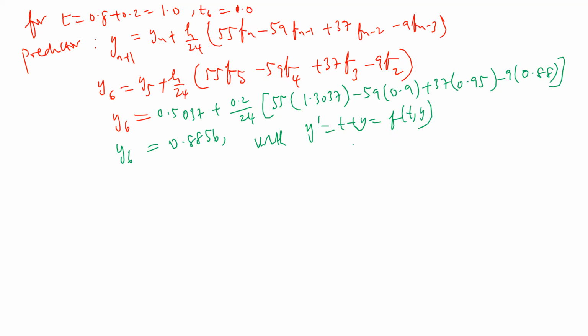Now, being a multivariable function, what is y6? T6, we've already got T6, 1.0. Y6, you add this, which is 1.8856.